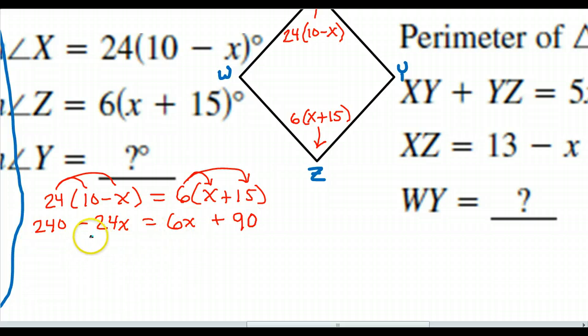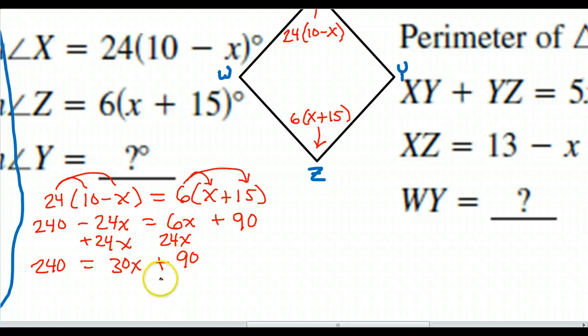Okay, so I'm going to add 24x to both sides to get these x's together. So that's going to cancel each other out. So that's going to give me 240 equals 30x. That's my 6x plus 24x plus 90. Then I could subtract 90 from both sides. So minus 90, minus 90.